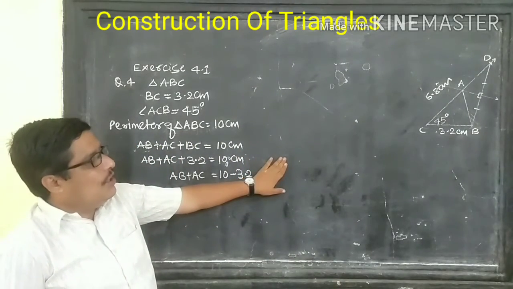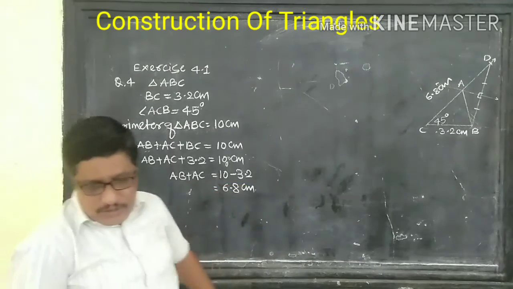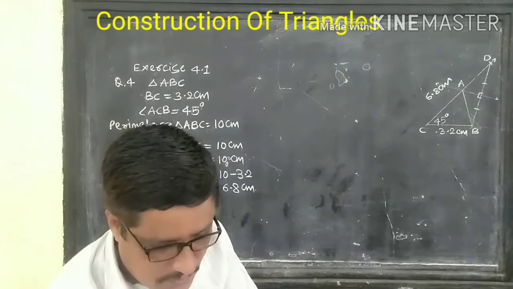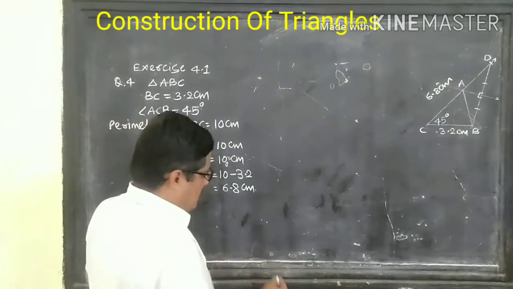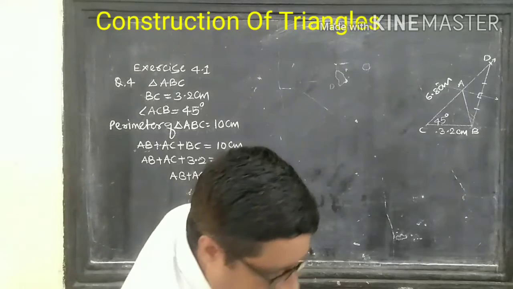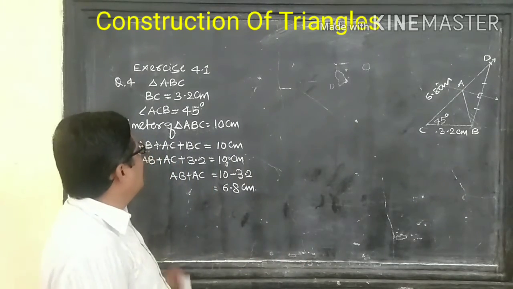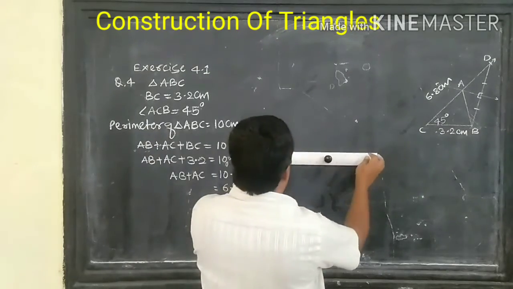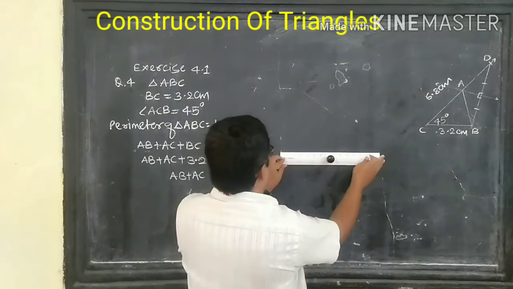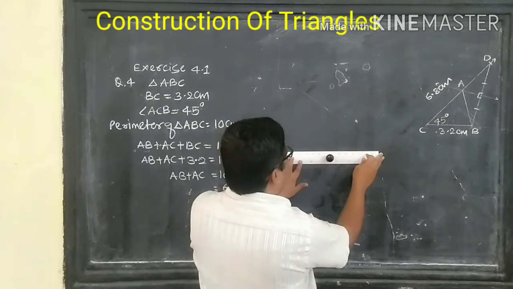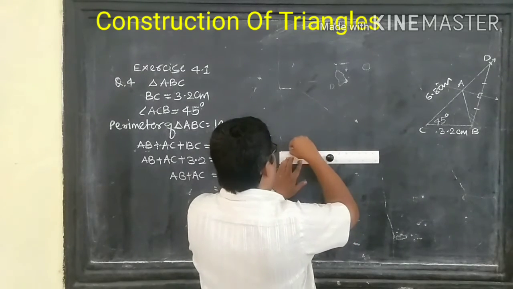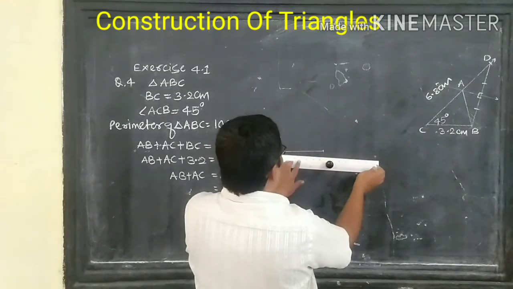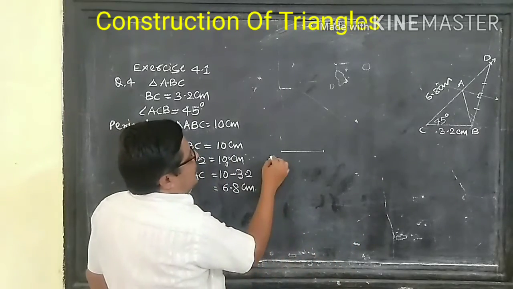Now we are going to draw the analyzed figure of this. So for that, first we have to take BC 3.2. So this is BC 3.2.